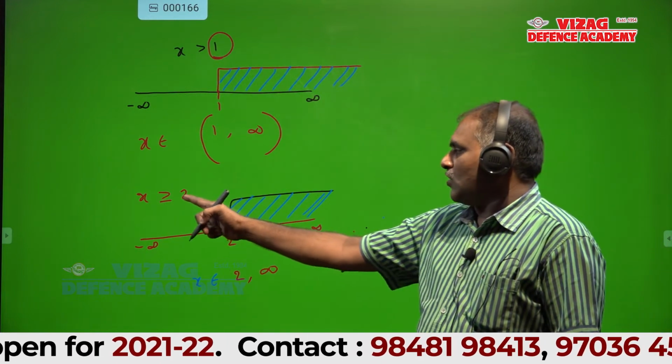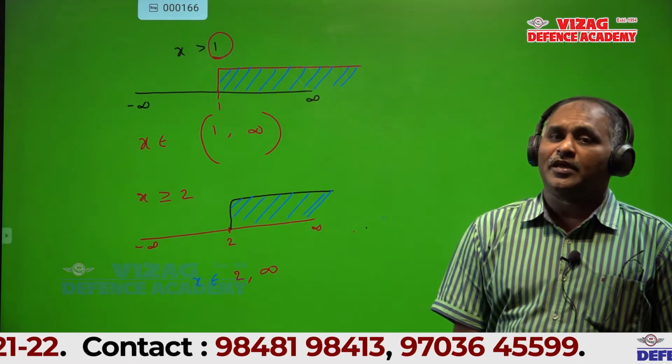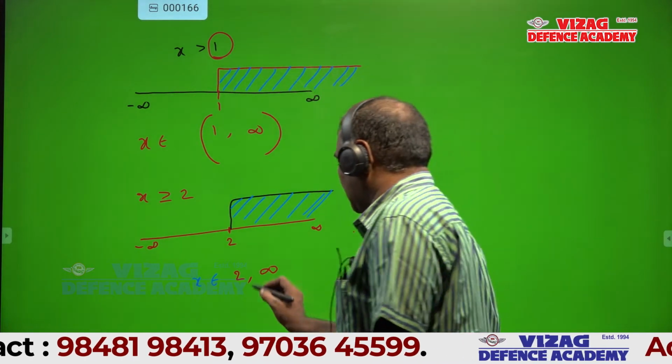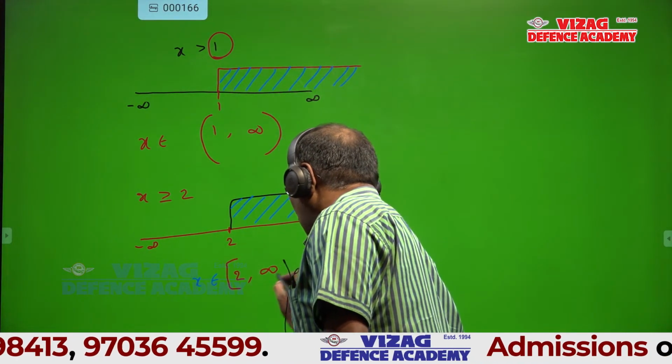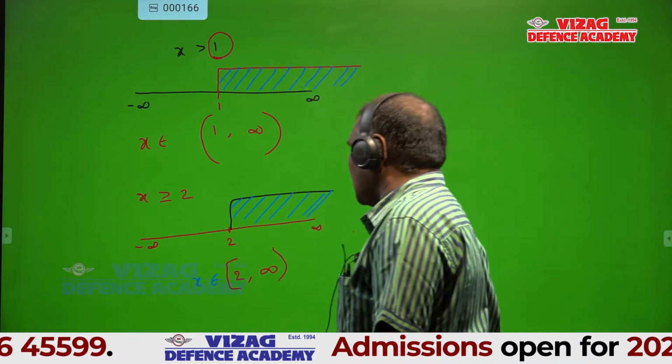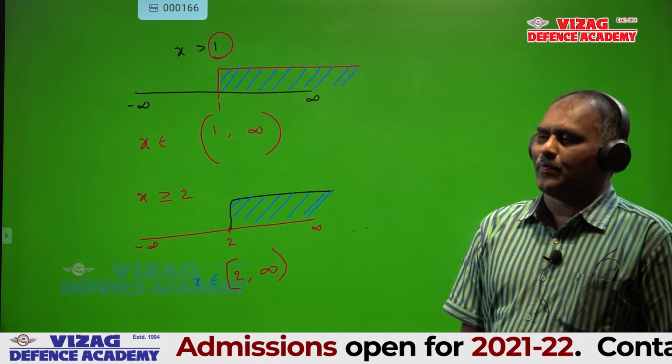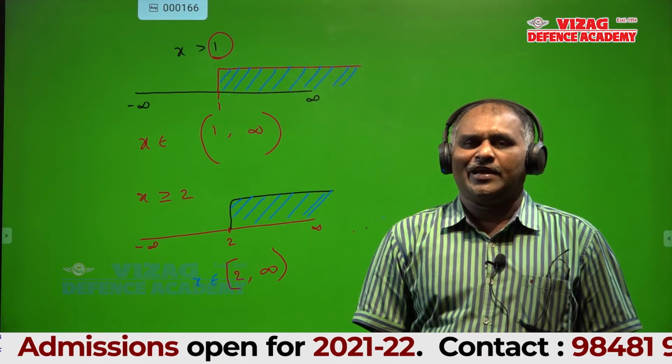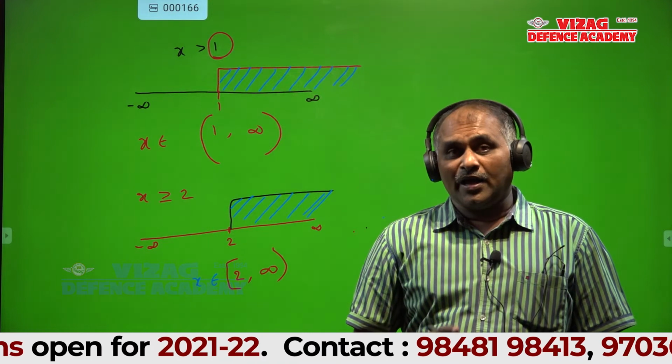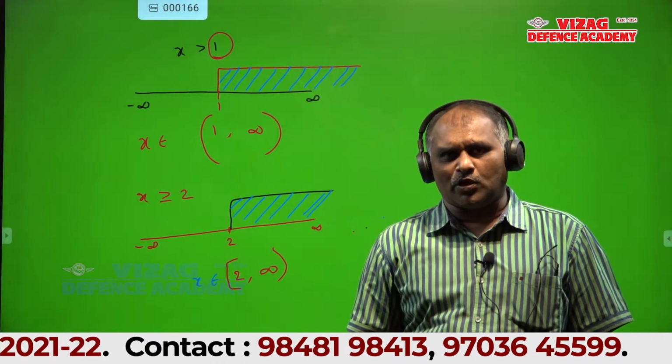But here, is the equal to sign there or not? Equal to sign is there. That's why you use a square bracket, and infinity is always an open bracket. Do you understand? This is very important.